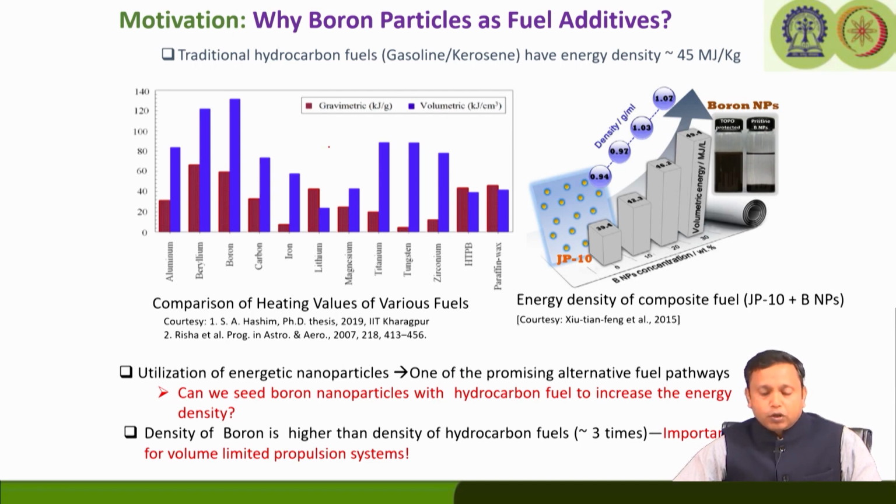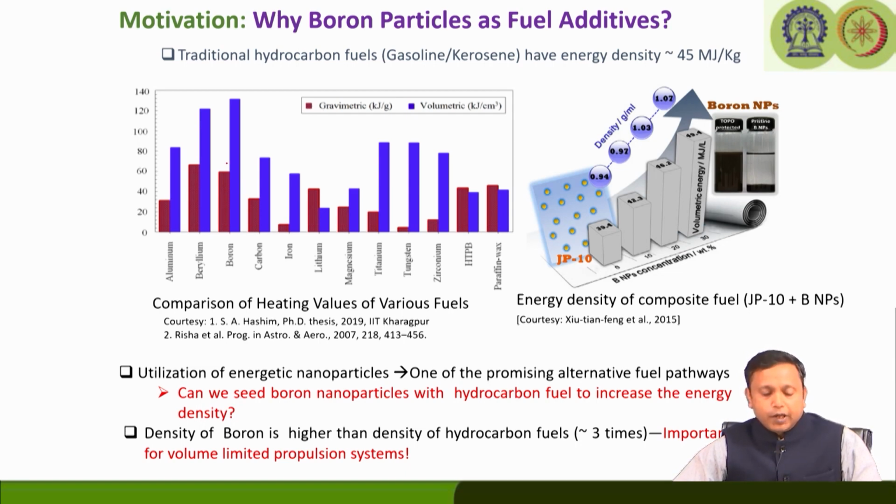At the very beginning we talked about how various metal particles can be considered as fuel, but the major consideration was given to the volumetric energy content or volumetric heating value, and there we said that since beryllium is highly toxic, it is going to produce a highly toxic oxide. So, beryllium is not considered for real application.